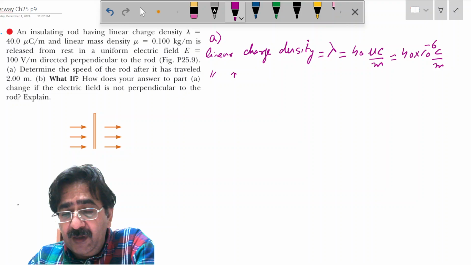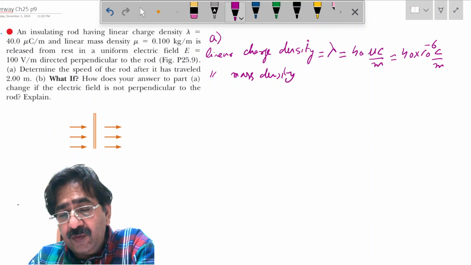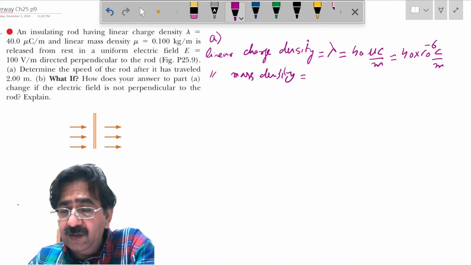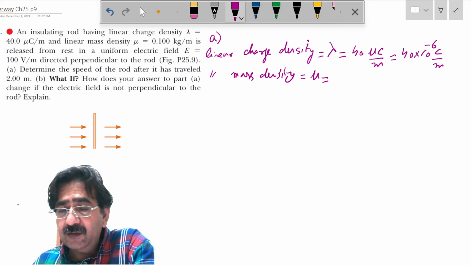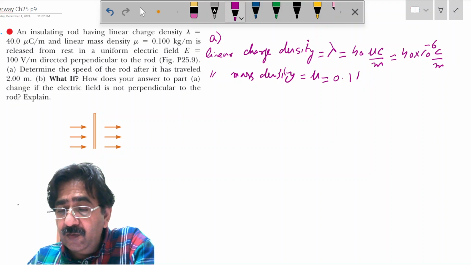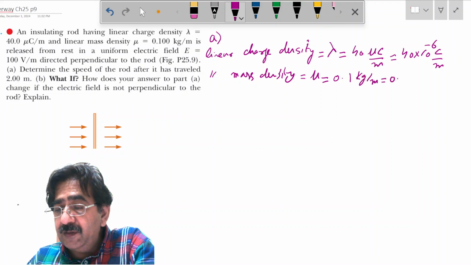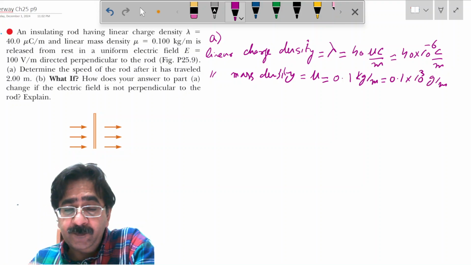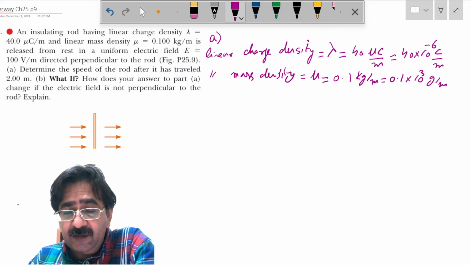Okay, linear mass density. The notation may be different for different books, but Serway is using this, so I am using this notation: 0.1 kilogram per meter, or you may say that's 10 raised to power 3 gram per meter. Okay, so this is the mass density.